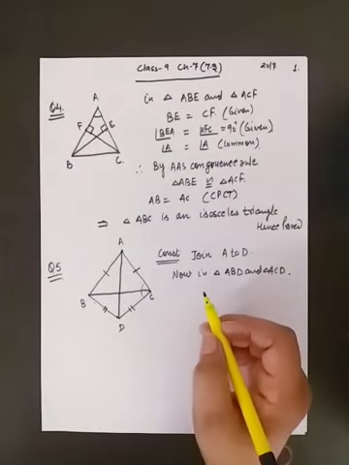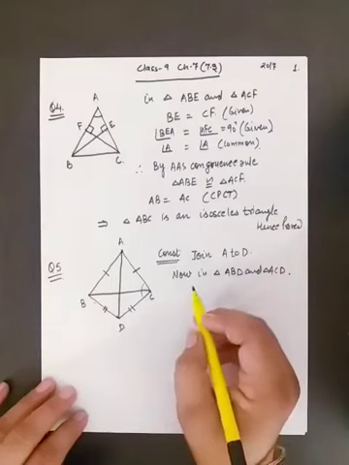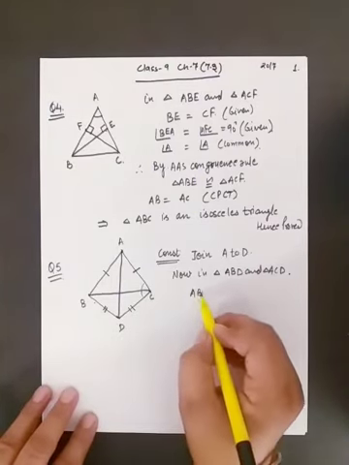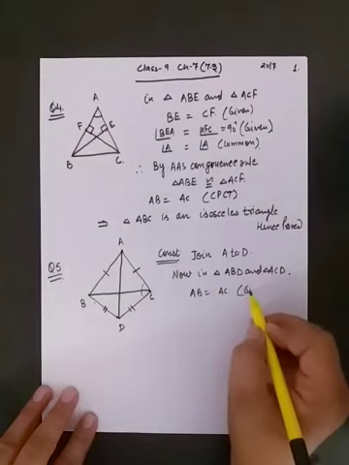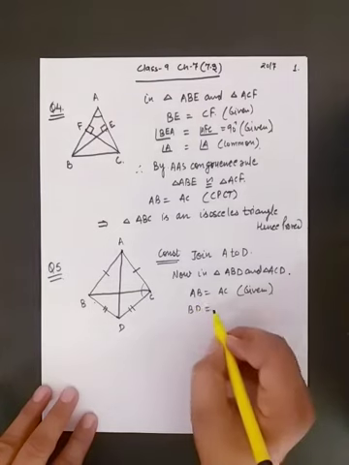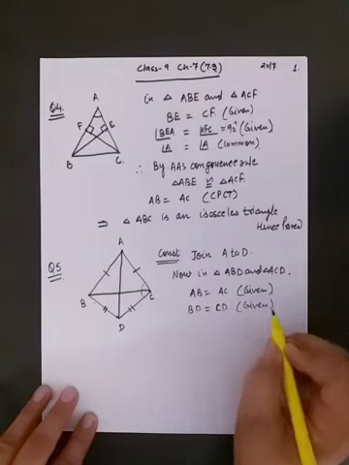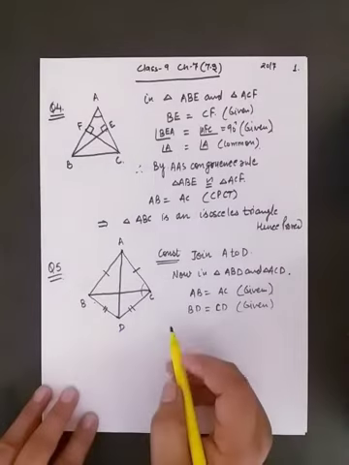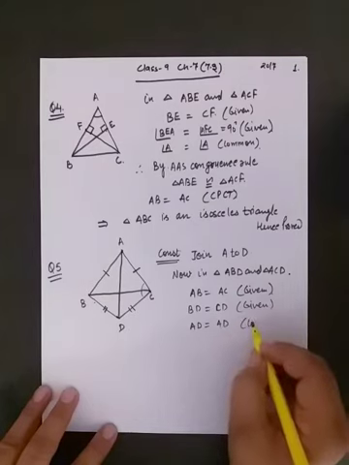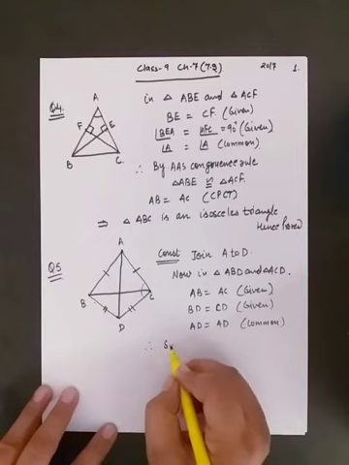congruency condition here. First of all we have to check which three parts we are having. AB is equal to AC. This is given because triangle ABC is an isosceles triangle, and BD is equal to CD. This is also given because triangle BCD is an isosceles triangle, and AD is equal to AD. This is common side. So therefore, by which rule?